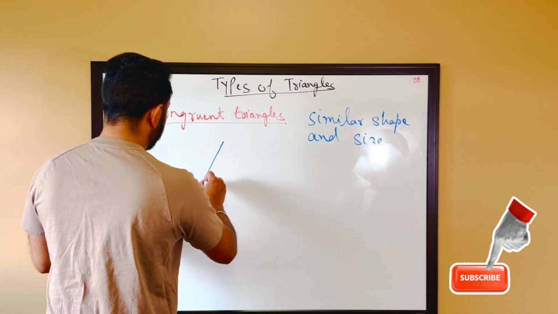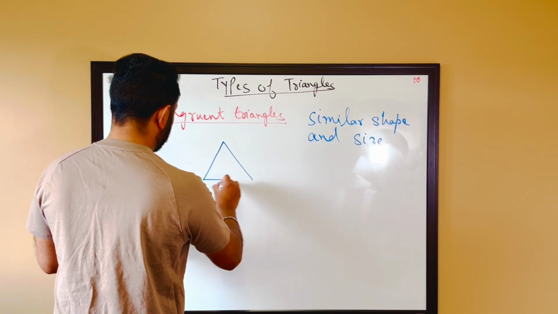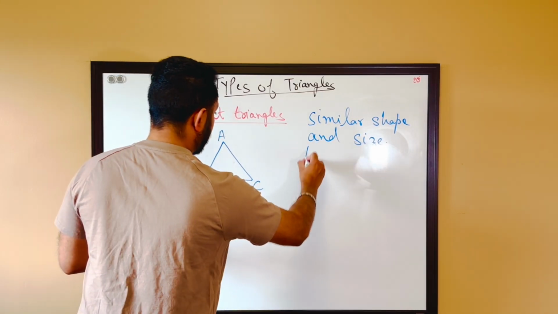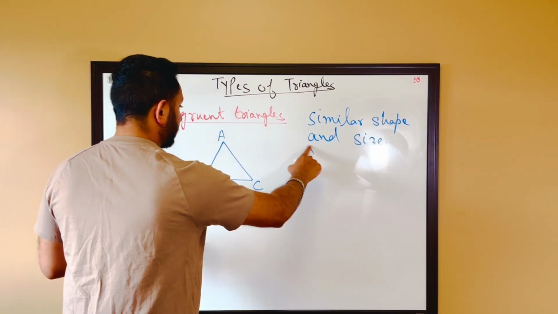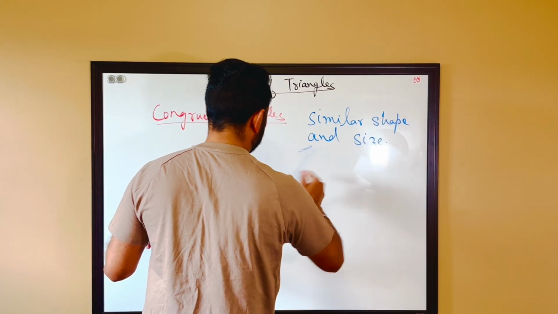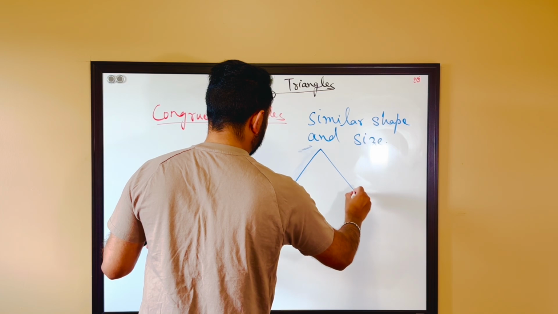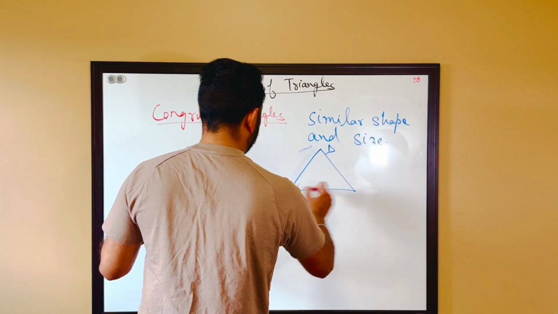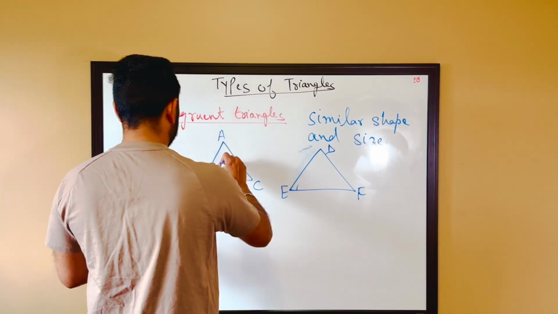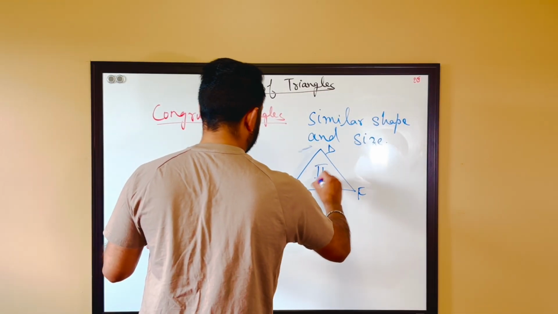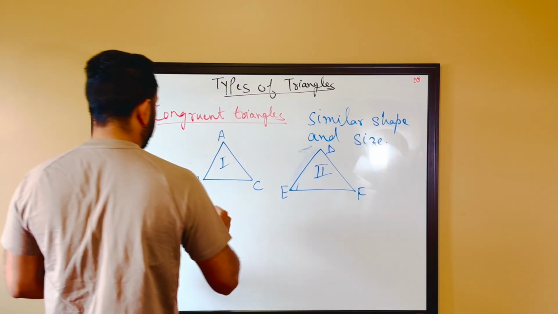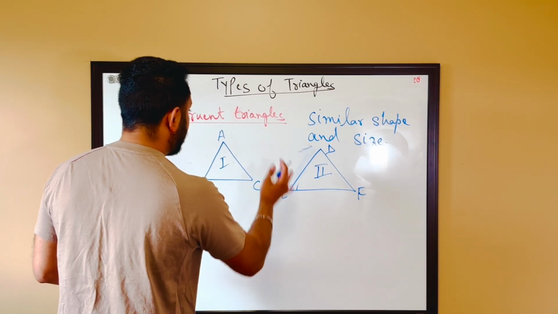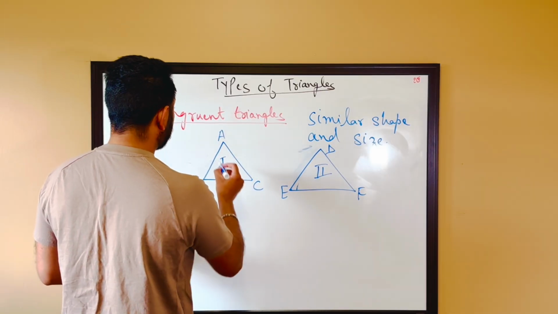So let's suppose ABC is one triangle and DEF is the second triangle, where the size of ABC and DEF are the same and their corresponding sides and angles are also equal.